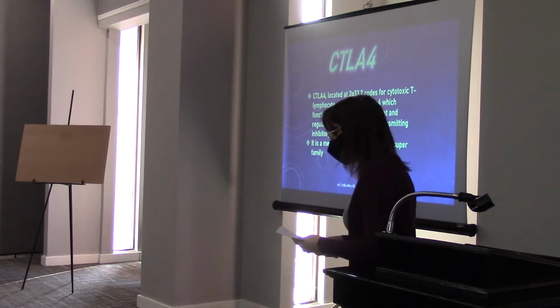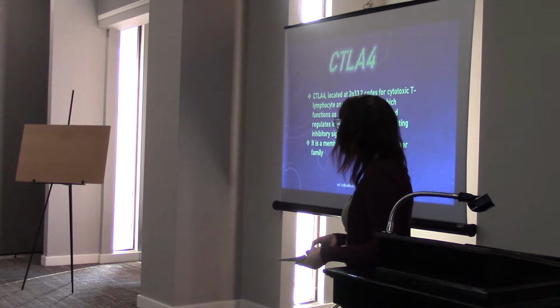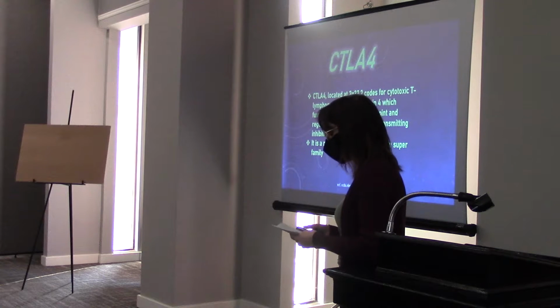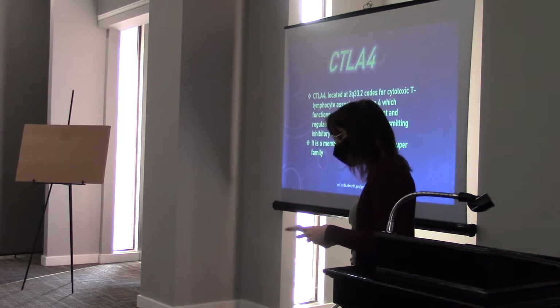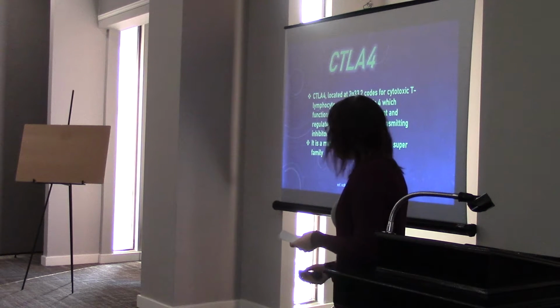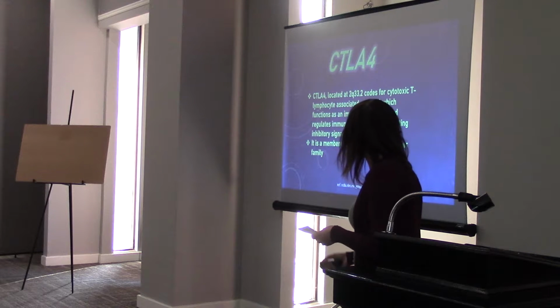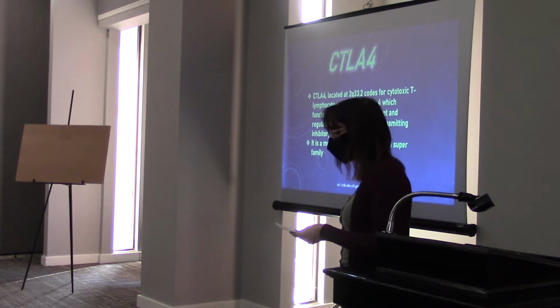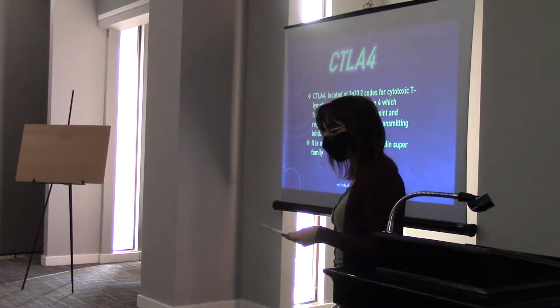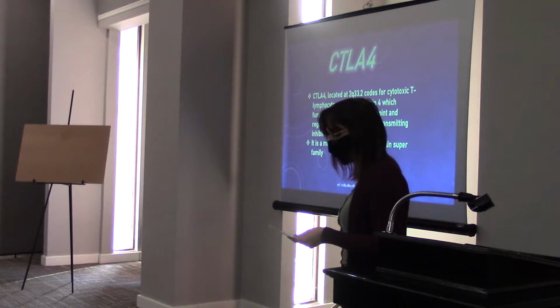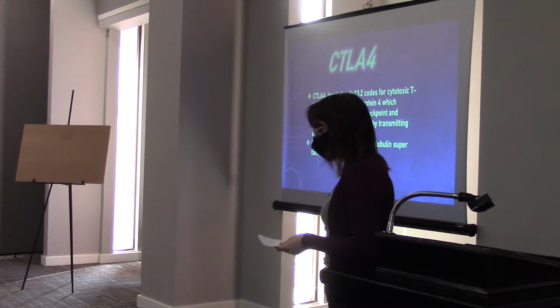All right, so CTLA4 is located at 2q33.2, that is its chromosomal location, chromosome 2, band 33. CTLA4 codes for cytotoxic T lymphocyte-associated protein 4, which functions as an immune checkpoint and regulates an immune response by transmitting inhibitory signals to T cells.